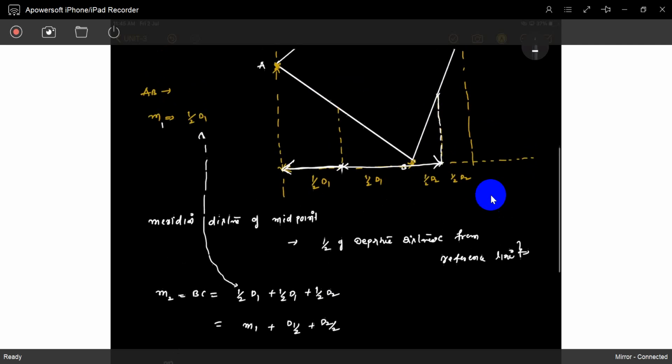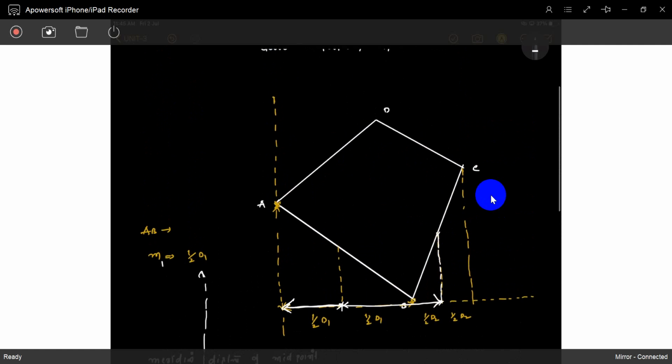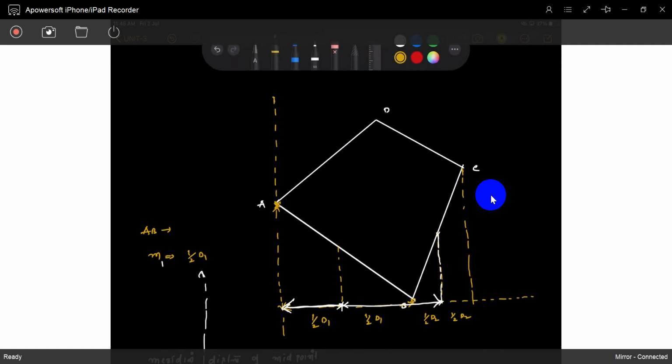M3 for what line? For the CD line. What is the CD line? So I will extend this line, the extended line, half of D3.